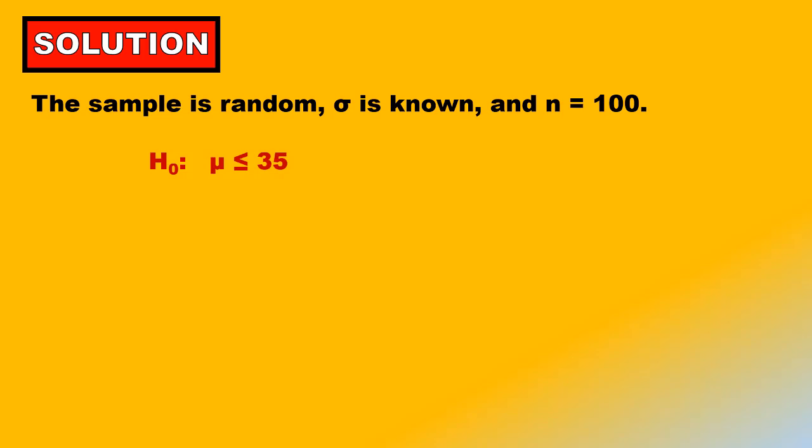So if H naught is mu less than or equal to 35, then HA would be mu greater than 35. And of course our alpha was 0.05. That's actually usually where the government sets their level of significance, is 0.05, the 5% level of significance.